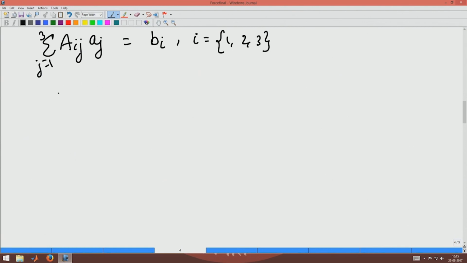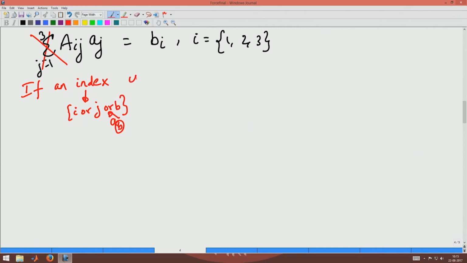I am going to rewrite the same equation, dropping off the summation symbol, saying that if an index is repeated twice, where index means i or j or b, what I write in a suffix is called the index.